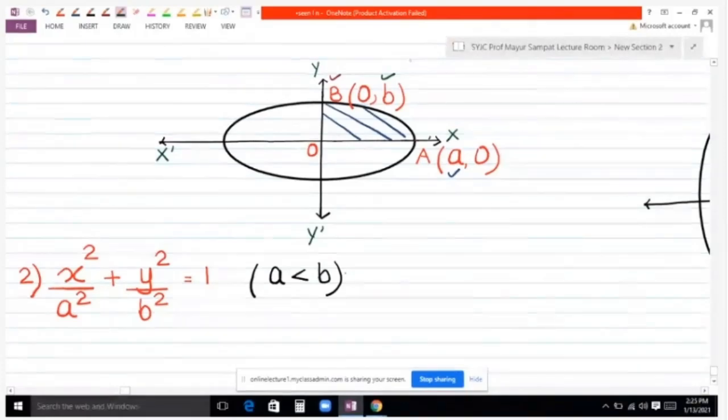So here the small a represents the x-intercept and the small b represents the y-intercept.